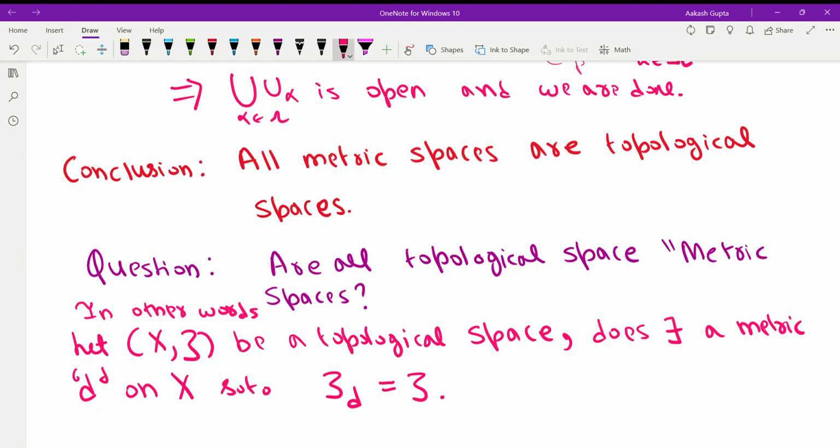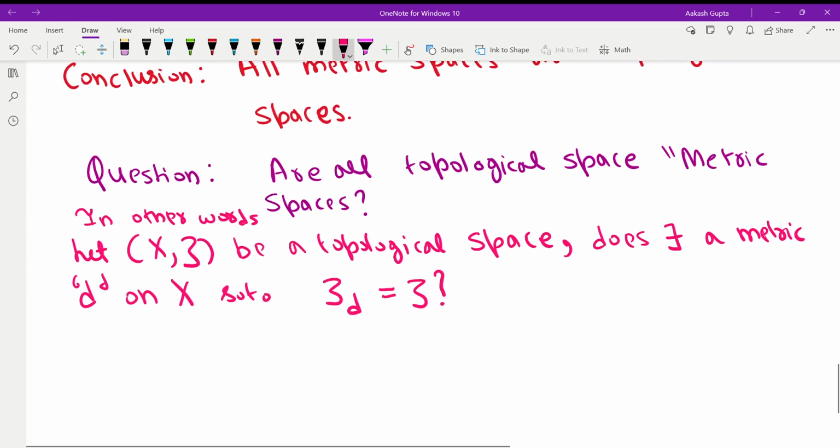So such that this tau d is tau. So you see, the topology tau is entirely nothing but the collection of all open sets with the metric d in this case. So is it possible? That is what the question is.